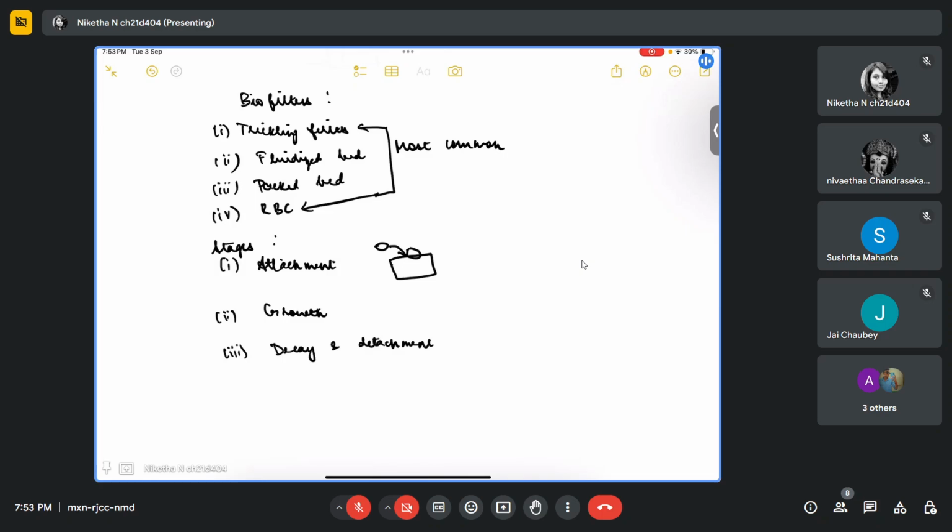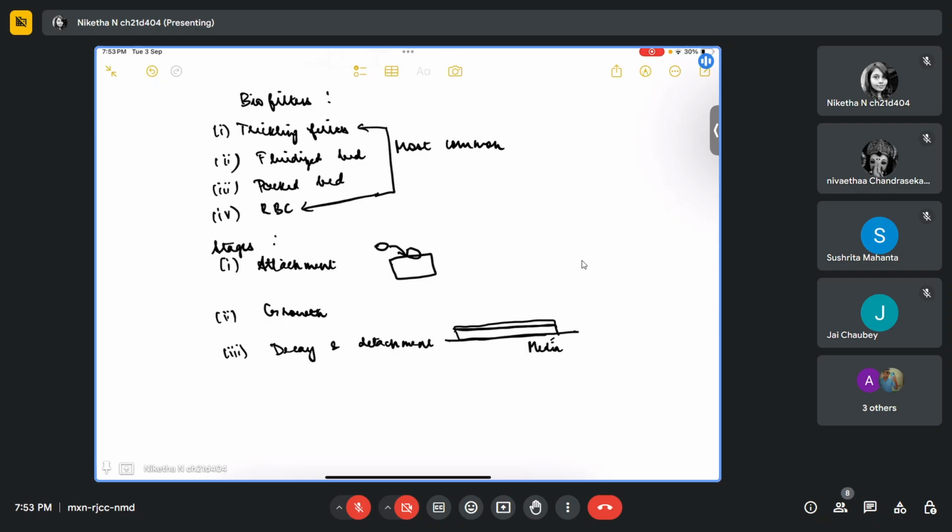So once the microbes die, they will form a sludge layer, and this layer also will get detached from the media. So imagine this is the media, and you have this layer of dead cells over it. Over time, the top most portion of this layer will not have any contact with the media.